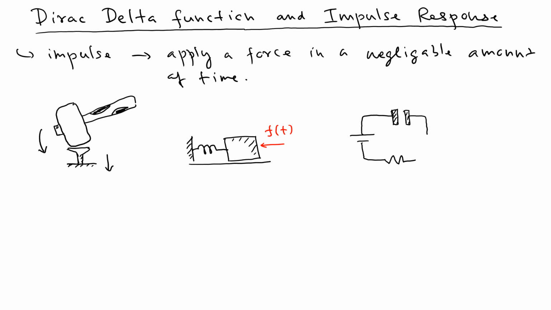So let's look at this one. Let's say we switch on and off very quickly. So that's a switch. The question is, how is the current going to behave in this system? Those are three situations where you can see the impulse response in a practical setting.